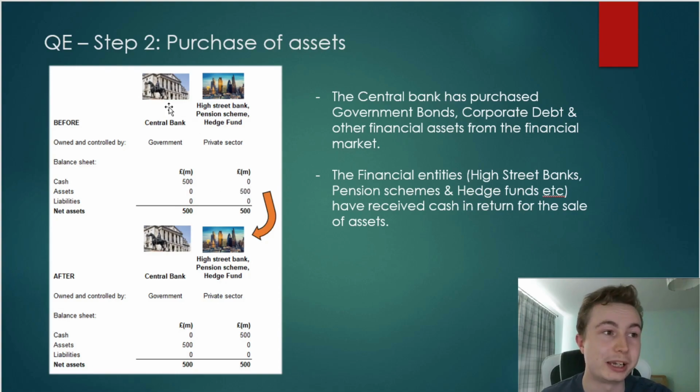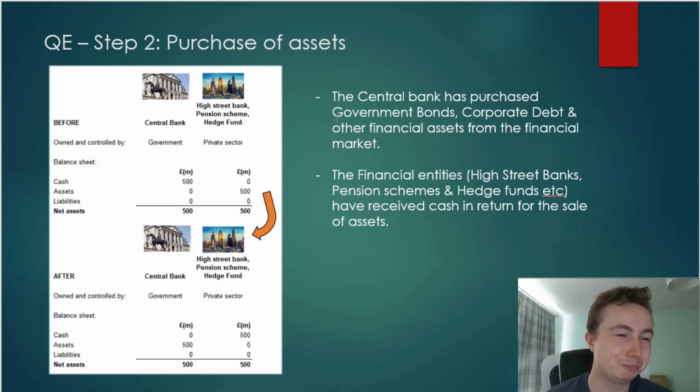Now, what the central bank is going to do, it's going to take its newly printed 500 million and go into the financial markets. It's going to go into the debt market, and it's going to buy assets from the private sector. It's going to buy government bonds primarily, and it's going to buy corporate bonds.